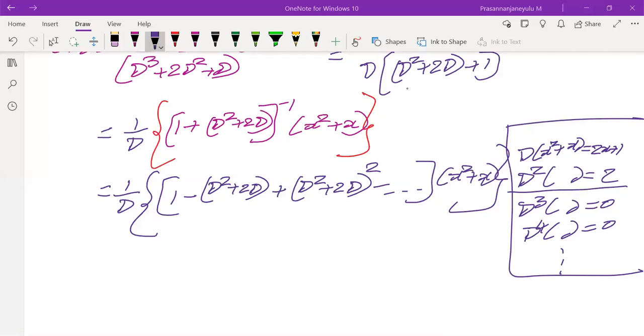So now, after we expand (1 plus x) whole power minus 1, we get 1 minus x plus x square minus x cube and so on, and we have to stop up to the second power of x, that is up to 2.